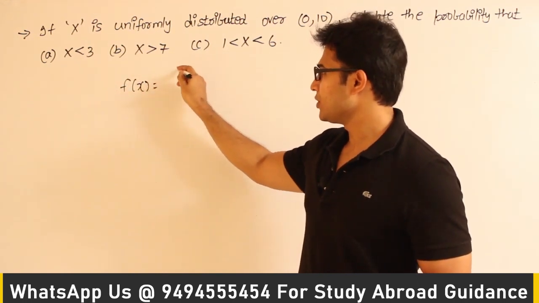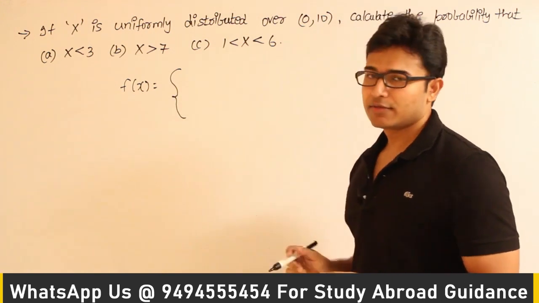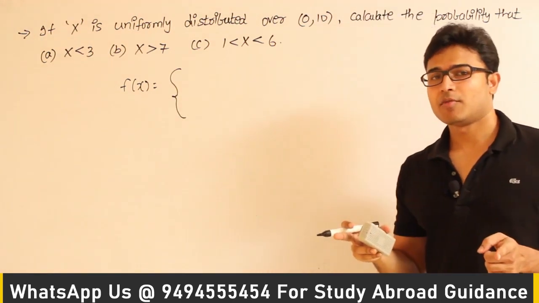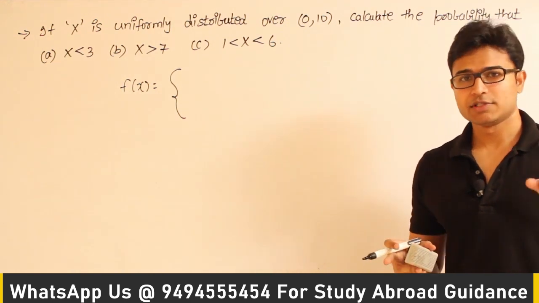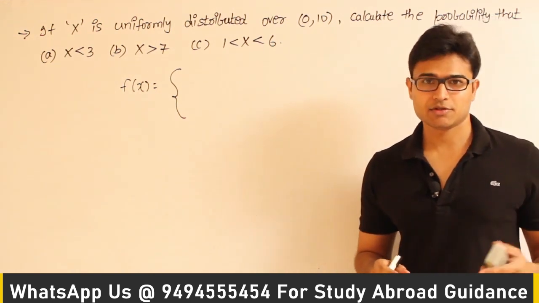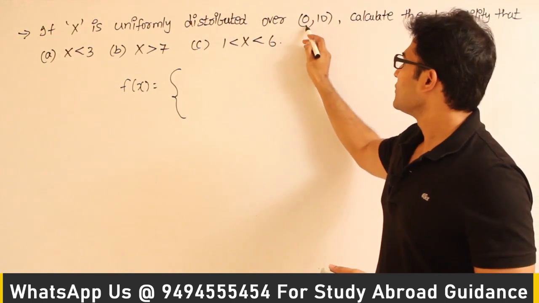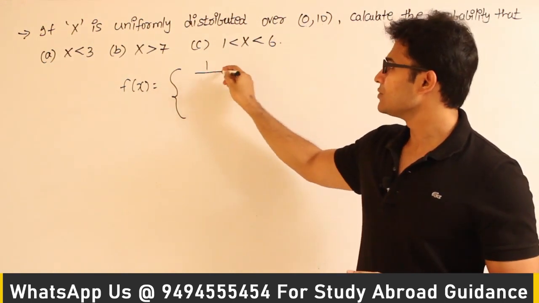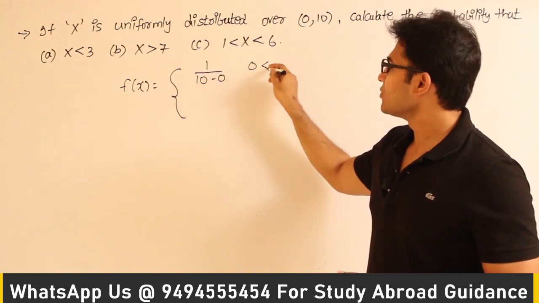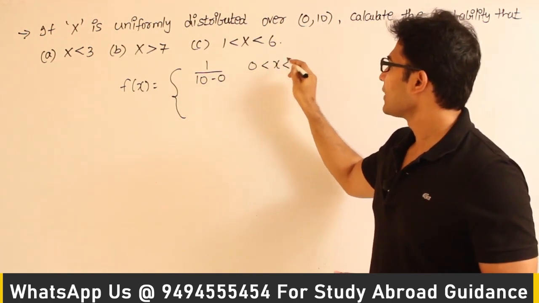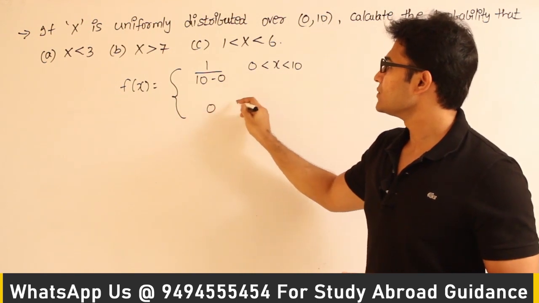Now f of x equals, I told you that in case it is defined between the range alpha comma beta, then the value of this is going to be 1 by beta minus alpha. In this case it is defined between 0 and 10. Therefore, the value is going to be 1 by 10 minus 0 for the range 0 to 10, and otherwise it is 0.